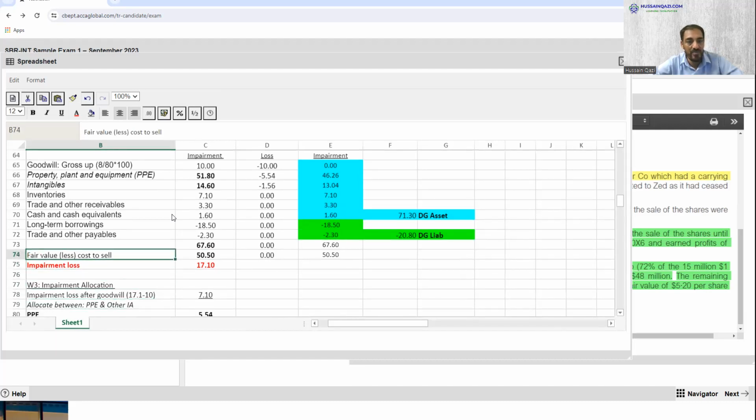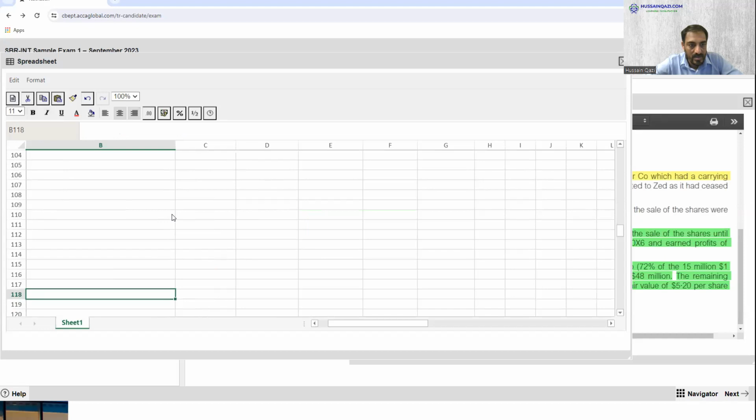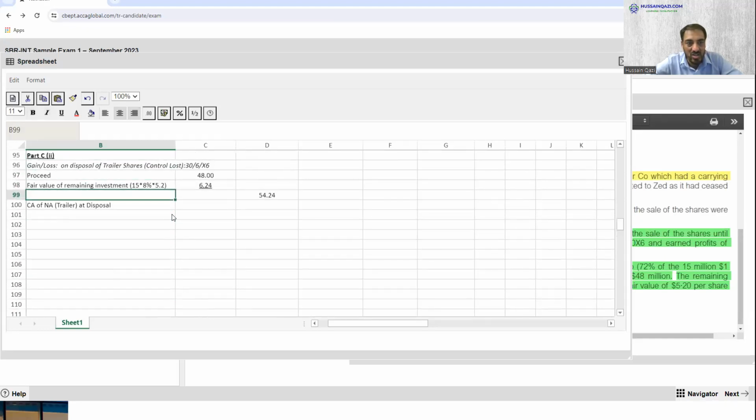Yes, that is 50.5. Fair value less cost to sell was 50.5. Trailer net assets at 31st March XX, 50.5. But 31st March XX is not the disposal date.